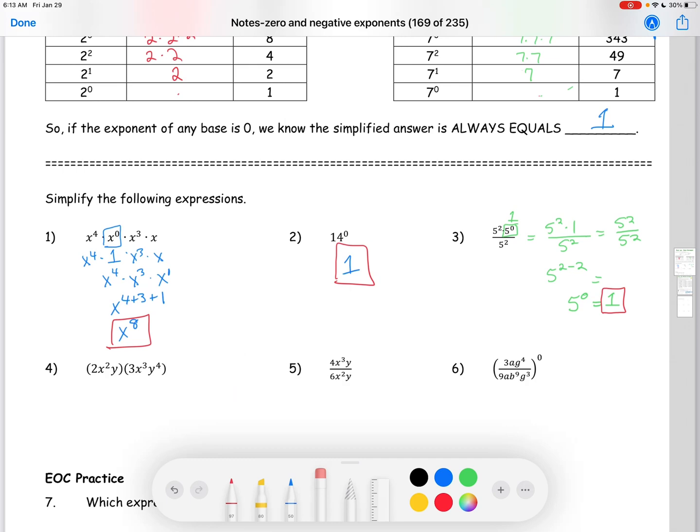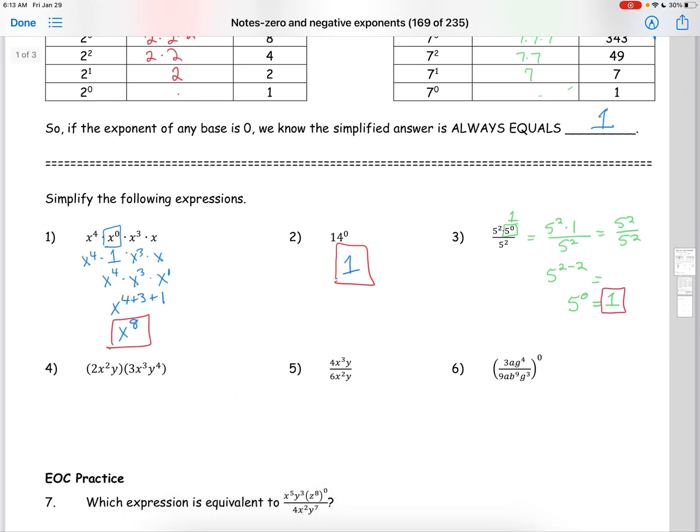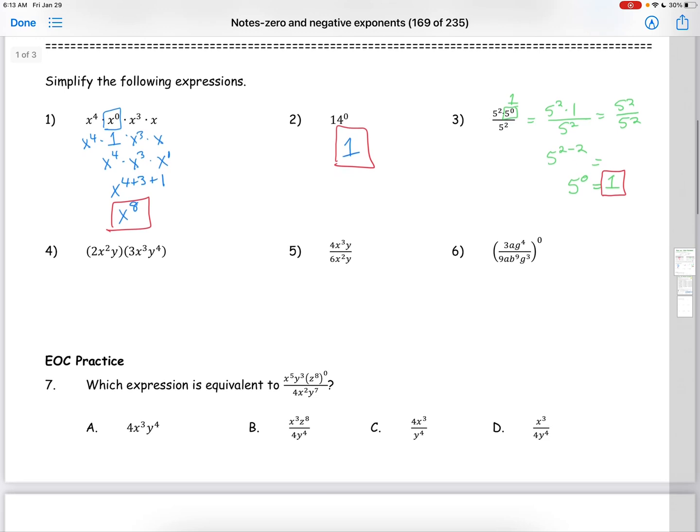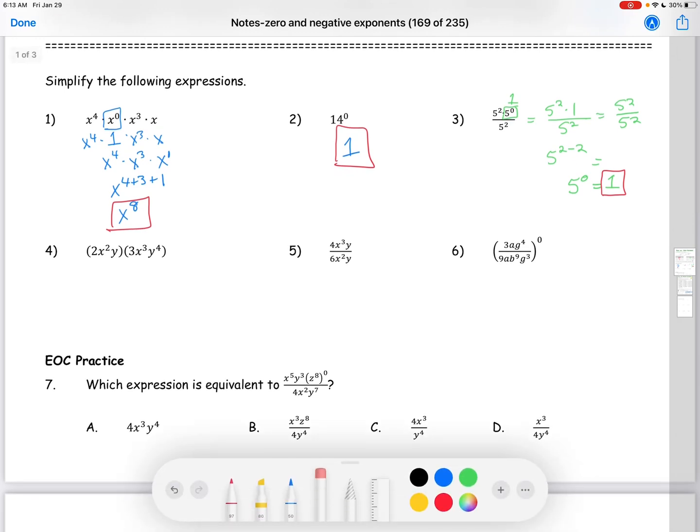Let's keep it moving here. All right, so when we get to number 4, all of this is a product. So we can just rearrange this: 2 times 3 times x squared times x cubed times y to the 4th.